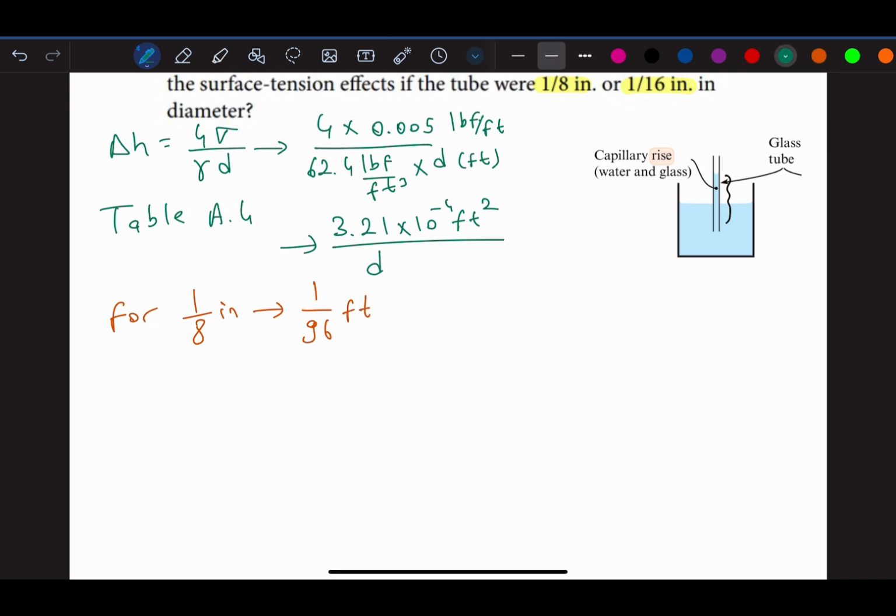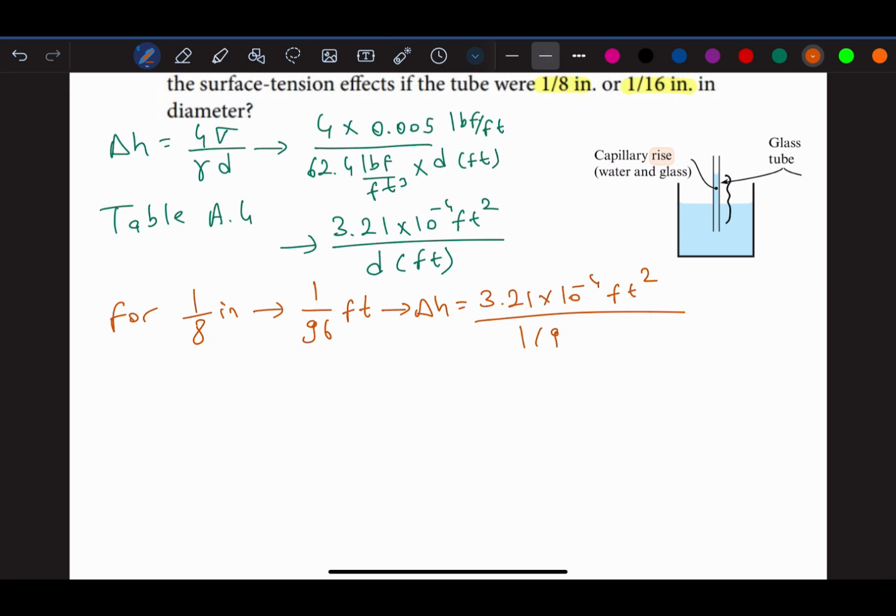We are doing that because the diameter is in units of feet, and all other values are in feet, so we are going to continue with feet. From here, delta H is equal to 3.21 times 10 to the power of -4 over 1/96 feet.